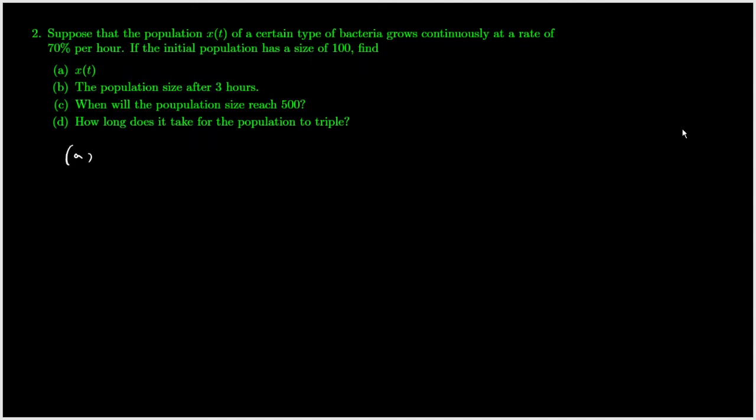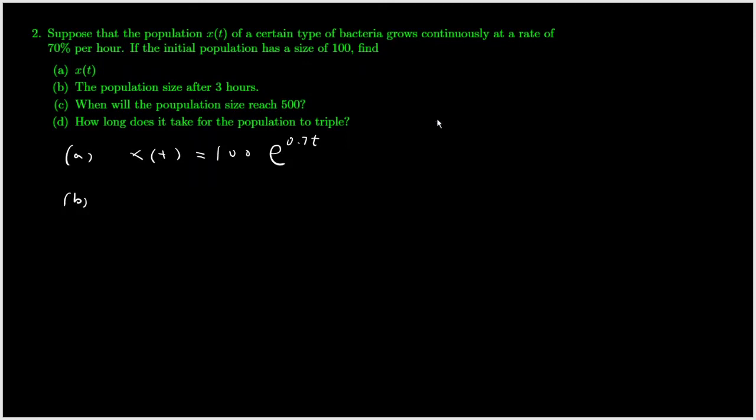The answer to question A is x of t, the population size, equal to 100 times e to the power of 0.7t. Using that, we go to question B. We are looking for the population size after 3 hours.